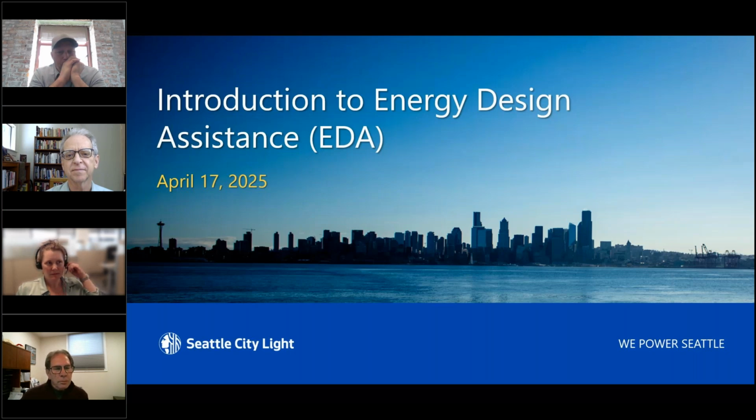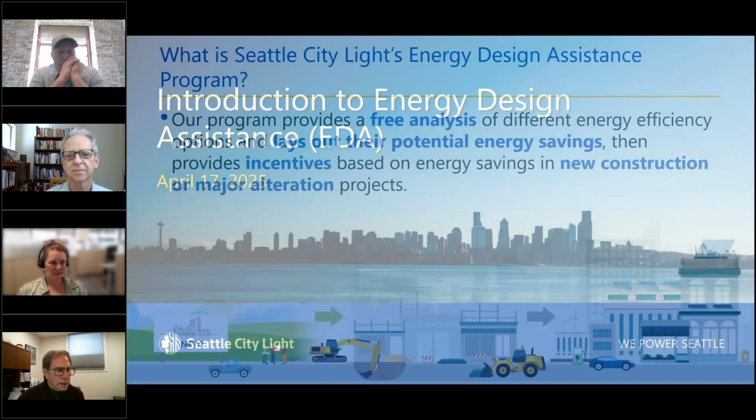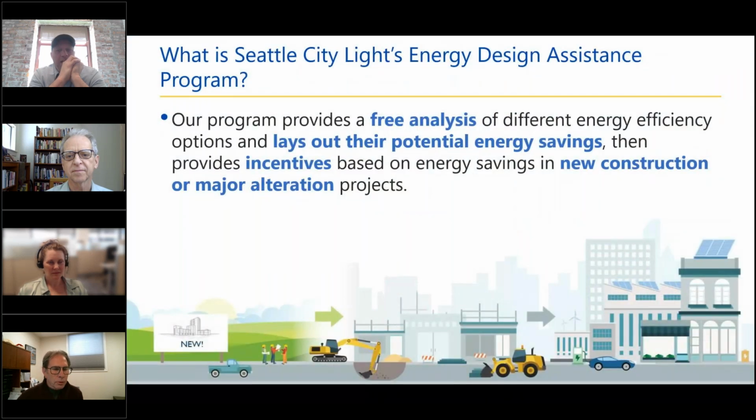I'm John Bringenberg. Our group is Wildan, and we are the third party administrator, or what we call ourselves, the implementer, for the new commercial construction program for Seattle City Light, called Energy Design Assistance.